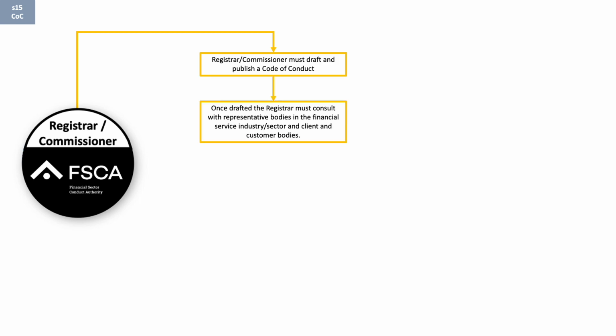Once the code of conduct has been drafted, the authority must consult with representative bodies within the financial service industry and client and consumer bodies. The code of conduct must be published in the Government Gazette and then will be binding to all financial providers and representatives.